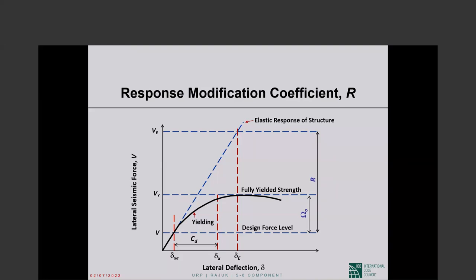Okay, so if omega sub 0 is 3, as it is for special moment frames, then when we elastically compute a bending moment of 100 foot kips at a beam support section, the actual bending moment that can happen there is 300 foot kips. That's what omega sub 0 is about. It gives us an estimate of the largest internal force that can develop at a particular section under the design earthquake displacements.